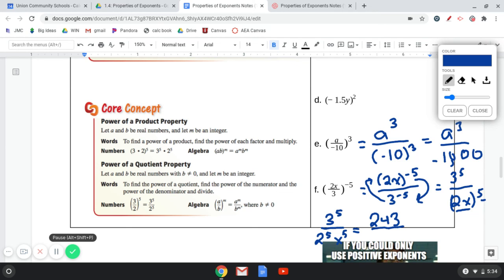And 2 to the 5th power, let's see, 2, 4, 8, 16, 32, so 243 over 32 x to the 5th power. And that's your solution for that one, a simplified version. But I also would have accepted this. Okay.